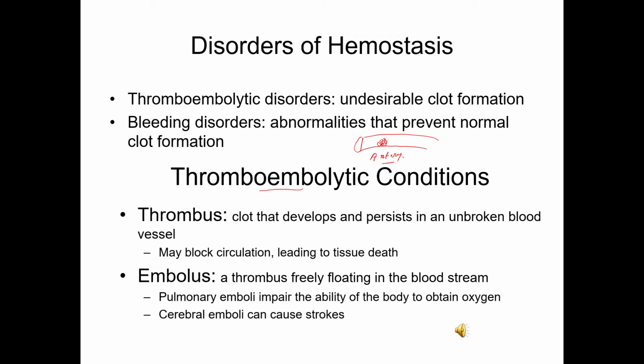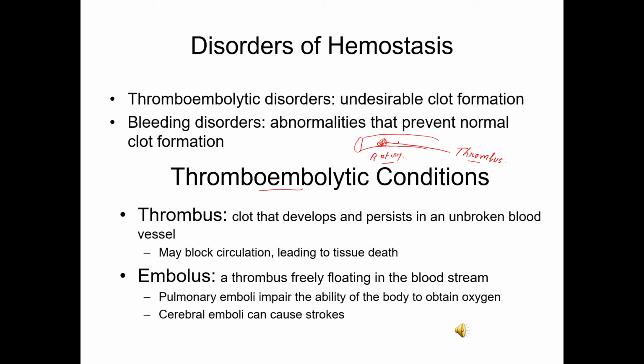That can occur due to intrinsic factor activation, you remember, without any external injury. And that clot will stay attached to the wall. So it is fixed, and this type of clot inside the blood vessel is called a thrombus. So the clot is attached to the wall.